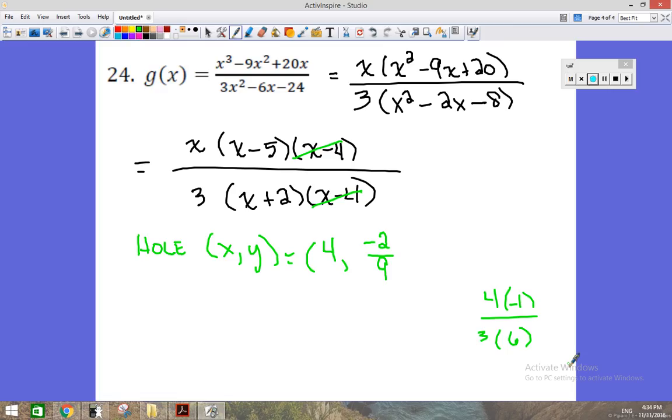Yeah. All right. Now, for vertical asymptotes, it's what didn't cancel. And the 3 isn't going to make this denominator ever equal to 0. So x plus 2, we do have a vertical asymptote. It's the line x equals negative 2. So there we have it with number 24. So I hope that helps.